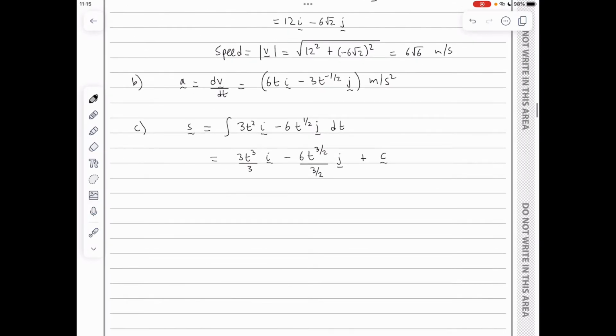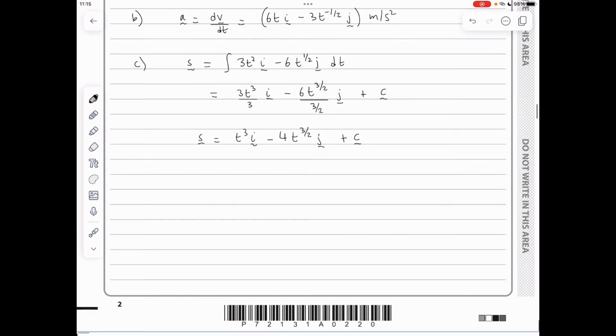And therefore we've got that the displacement s is t cubed i minus 4t to the 3 over 2 j plus c. I will be using the fact that when t is 4, we've got the position vector s to be i minus 4j, and therefore i minus 4j is equal to 4 cubed i minus 4 times 4 to the 3 over 2 j plus c.